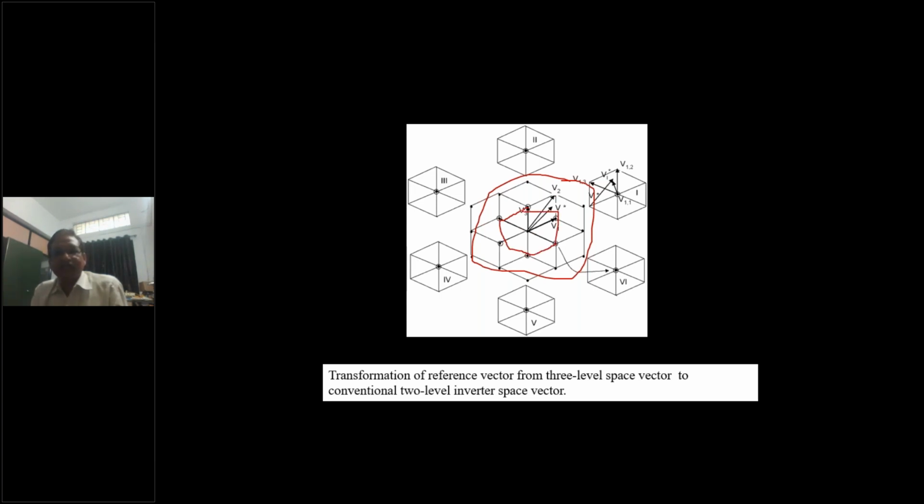Here the number of hexagons: 1, 2, 3, 4, 5, 6, and one center, so 7 hexagons. Last time there was only a single hexagon. In a 2-level inverter we get a single hexagon, and in 3-level we get a number of hexagons.